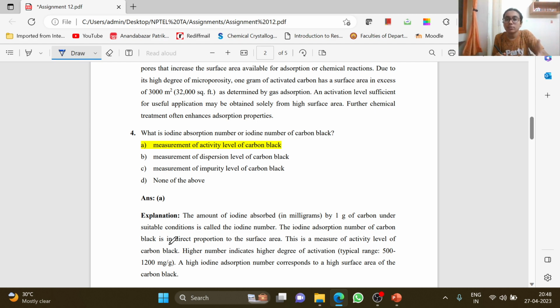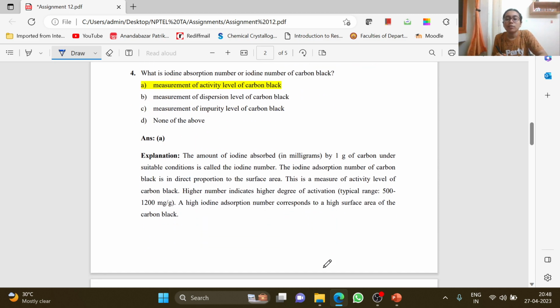The more the surface area, the more iodine will get adsorbed. So this is a measure of the activity level of carbon black. A higher number indicates a higher degree of activation. The typical range is from 500 to 1200 milligrams of iodine per gram of carbon. A high iodine adsorption number corresponds to a high surface area of the carbon black.